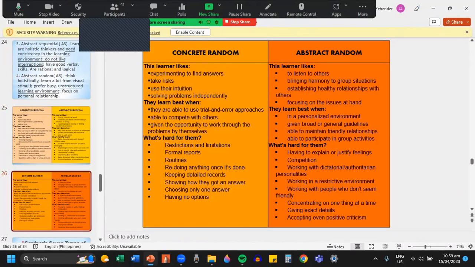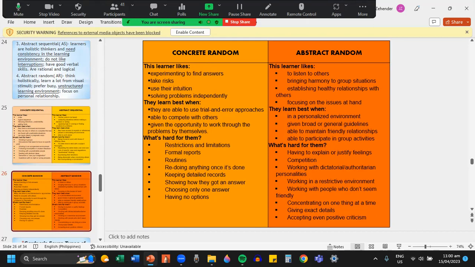Yes, Mr. Giolina. Regarding the activity, ma'am, what we write is based only on personal experience, or do we need to compare it to the learning styles you presented? Based on your personal experience.